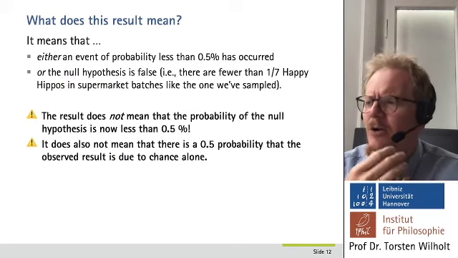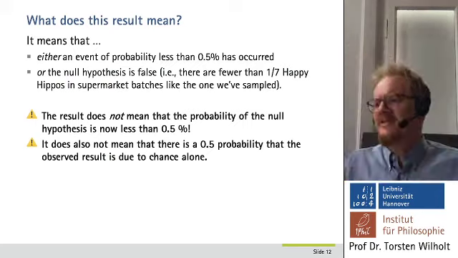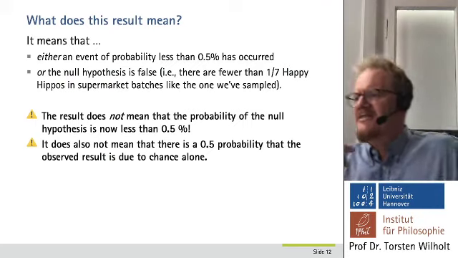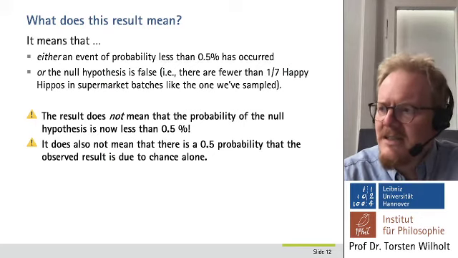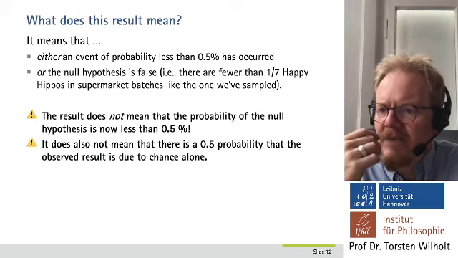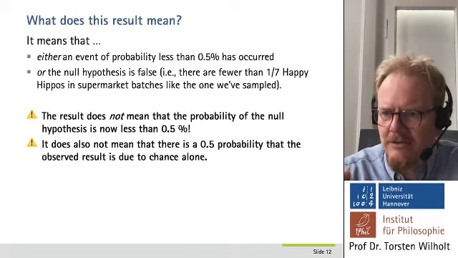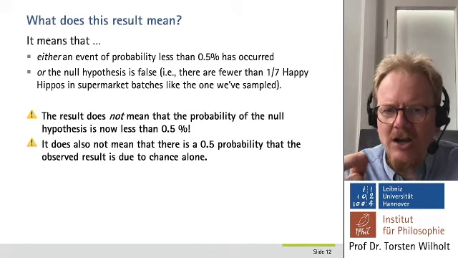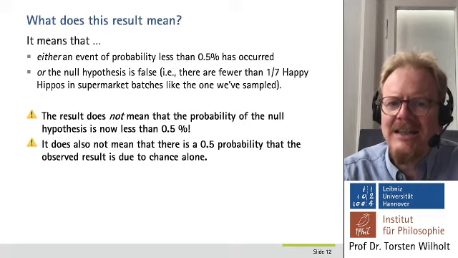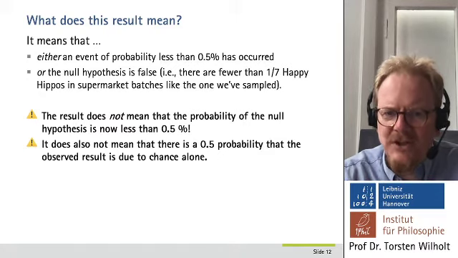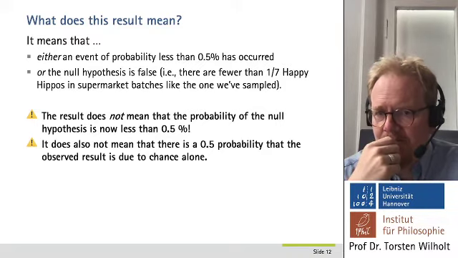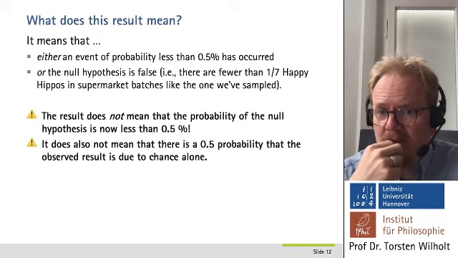Now you might say, well, okay, but what if you're not so dogmatic about the frequentist perspective? Shouldn't this say something about the probability of the hypothesis now? If we wanted to ask for the probability of the hypothesis in light of this result, now that we've observed this, how probable is it that there's really one happy hippo in 7 surprise eggs?